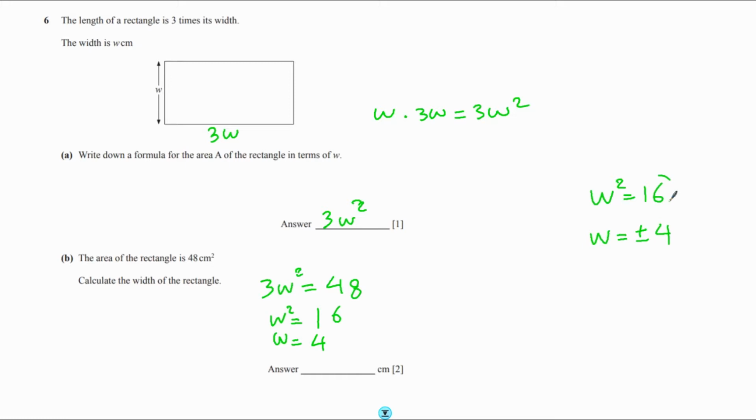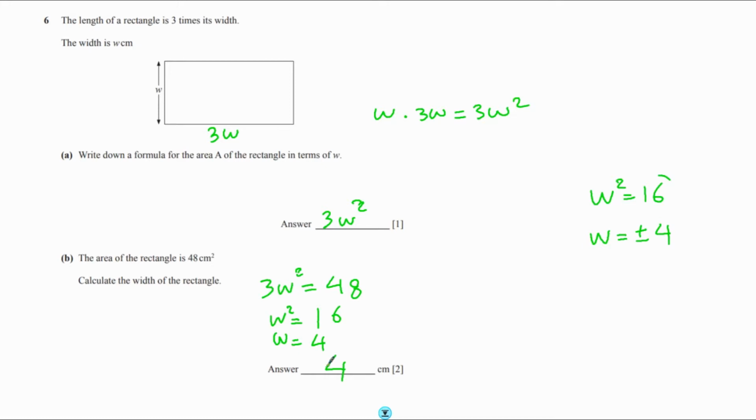But because we are talking about the width of a shape, this negative number is not acceptable. So that is why here W equals 4, I just put a positive value. So W equals 4, and we know that the width is W centimeters. We are asked to calculate the width of the rectangle, so the width of the rectangle equals W. So the answer is 4 centimeters.